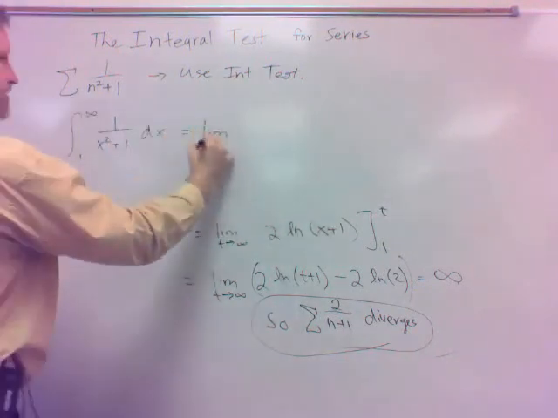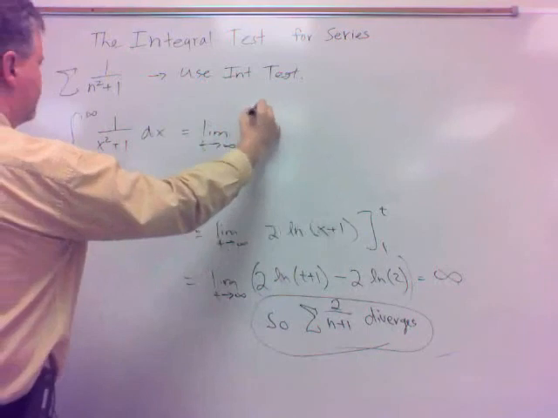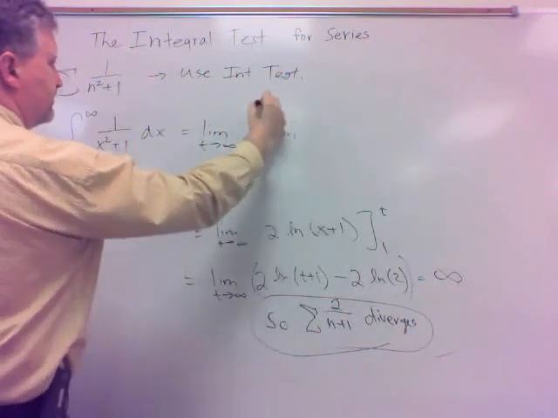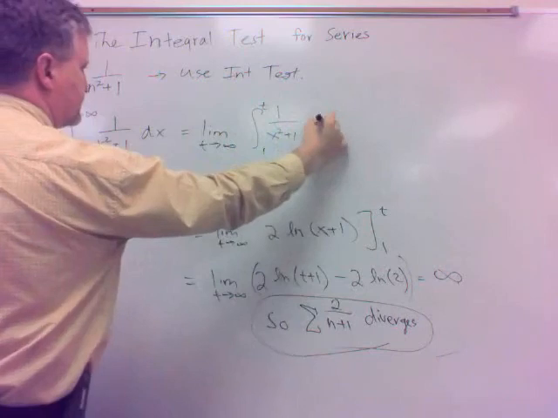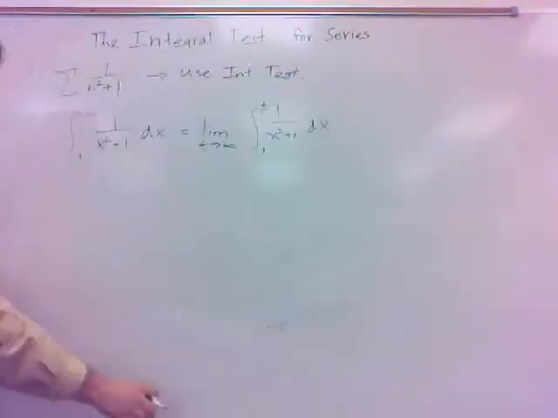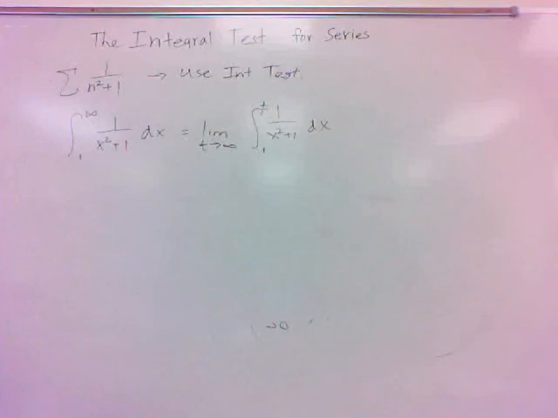Well, that's the limit as t goes to infinity of the integral from 1 to t of 1 over x squared plus 1 dx. That's actually a nice one. What's the antiderivative of 1 over x squared plus 1? Remember?